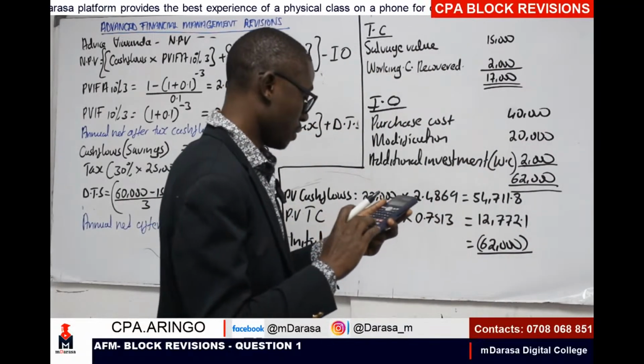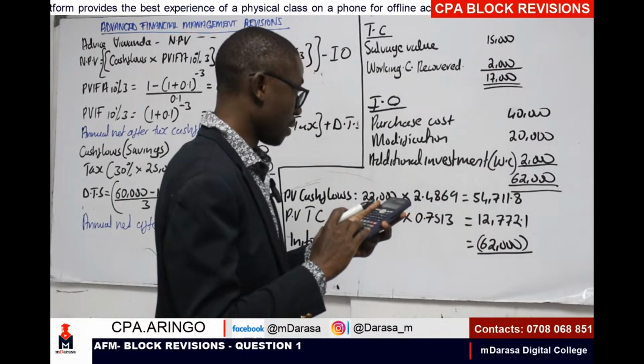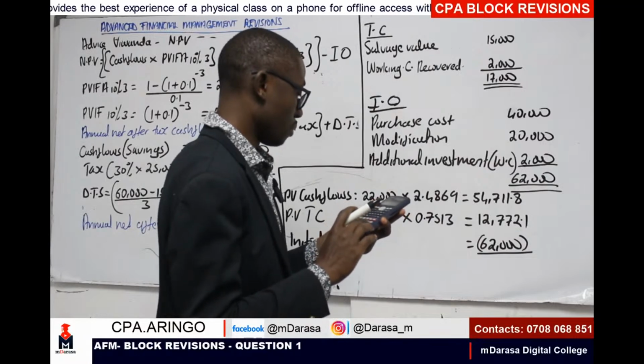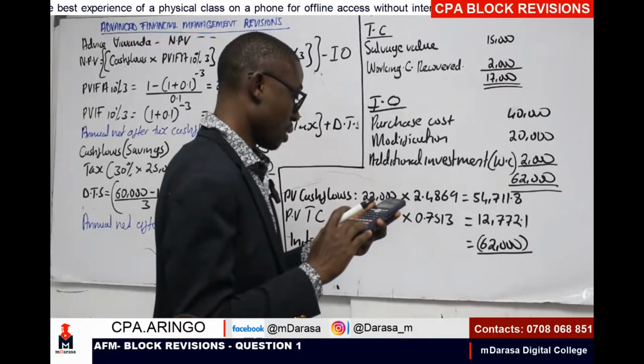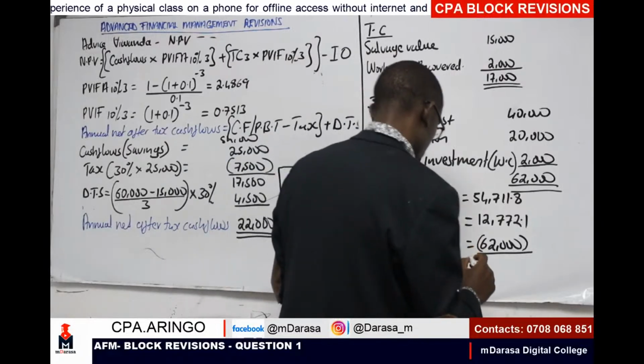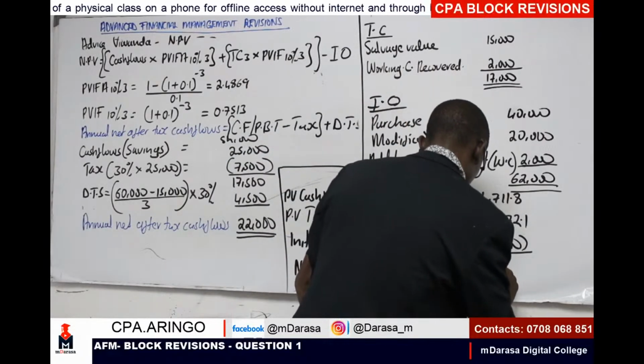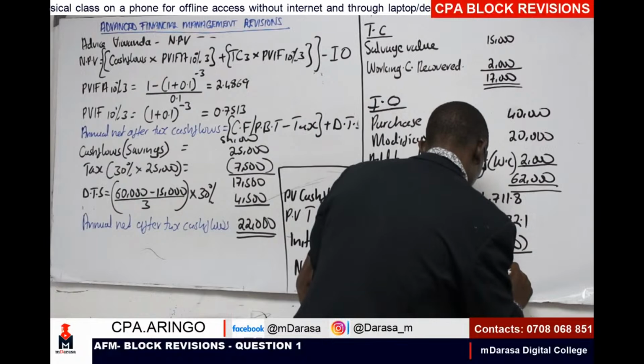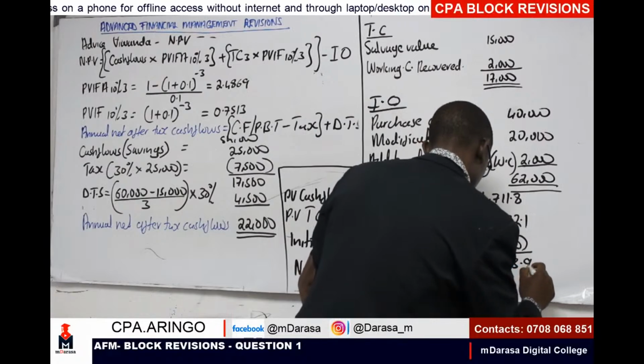So plus 54,711.8 minus 62,000. This should give us my net present value to be 5,483.9.